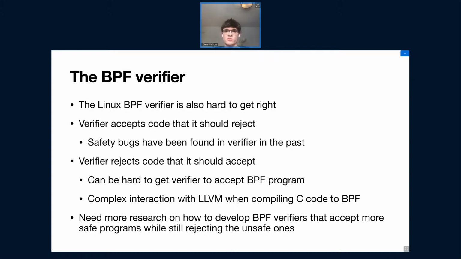So it's possible you write some C code and compile it to BPF, and it can be hard to make sure that it's in the right shape to be accepted by the BPF verifier. We haven't done anything on this yet, but it could be interesting in the future to do more research on how to develop BPF verifiers that accept additional safe programs, to make BPF developers' lives easier, but still reject the unsafe ones. That could be an interesting line of future research.